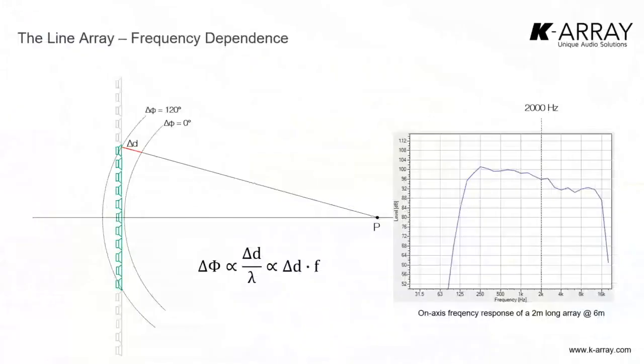Last but not least, we have been talking about one single frequency in all our examples, like the 2 kHz, but actually our line arrays are reproducing a very wide frequency range. So, what happens when all the frequencies are reproduced by the array?